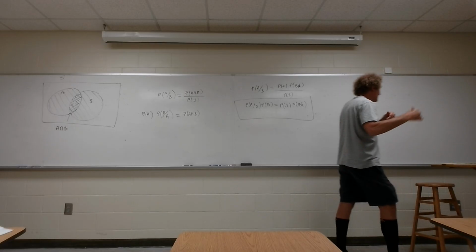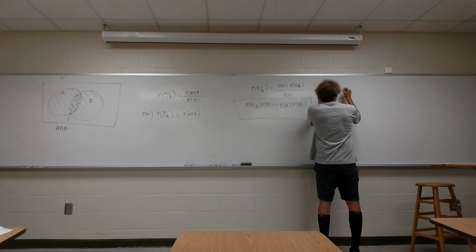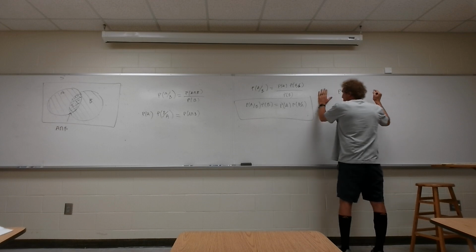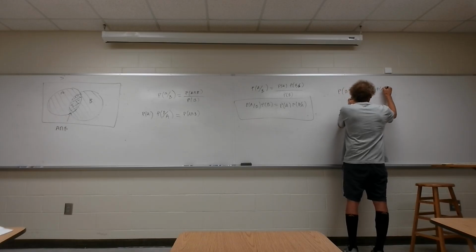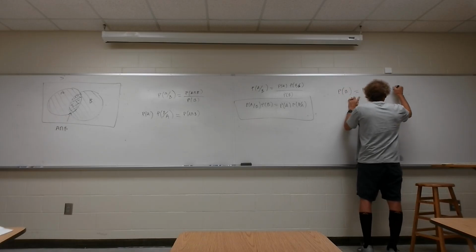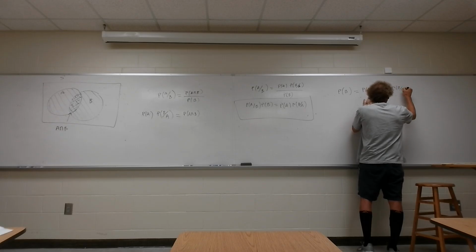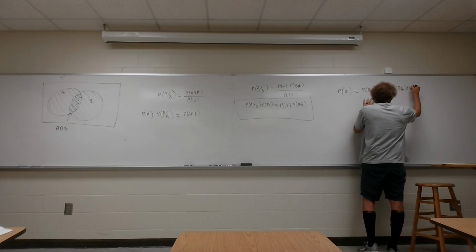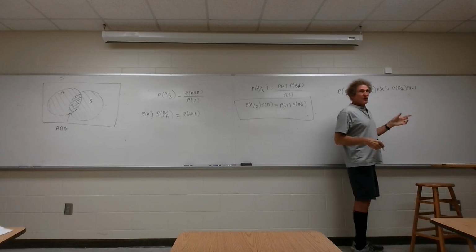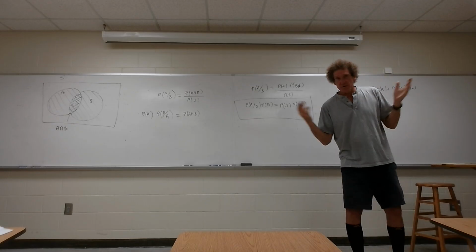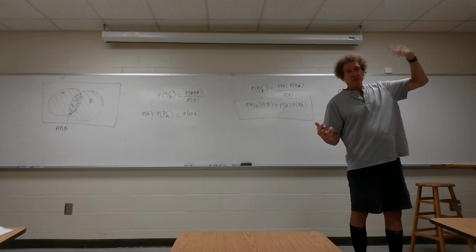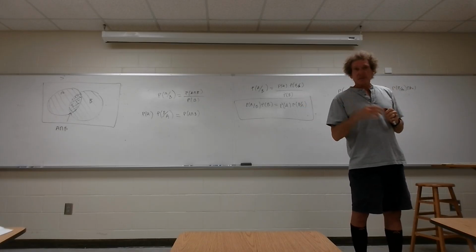So what we wanted for the switch, say the switch conducting P of B, and that was equal to P of B given A1 times P of A1 plus P of B given A2 times P of A2 and so forth, where these had to do with the switch being open or closed, and the events A1 and A2 were the probability of the switch being open or closed. But that was basically it.